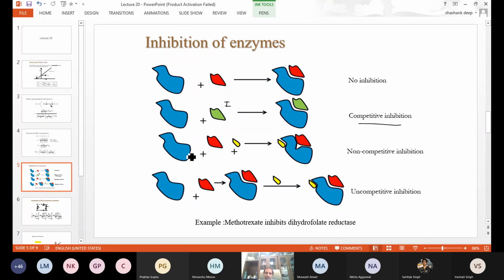Now, the second case can happen where both bind, but the inhibitor doesn't bind to the active site. This is the inhibitor, this is the substrate. The inhibitor binds somewhere else, such that it changes the pocket of the active site, so the interaction between substrate and protein decreases, and that's how it inhibits.